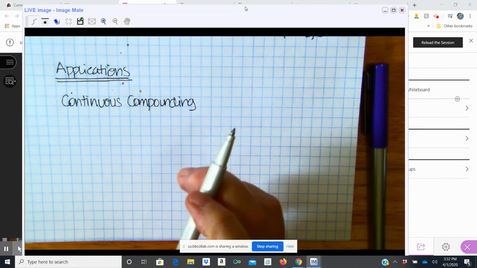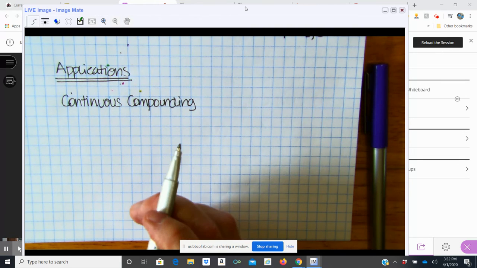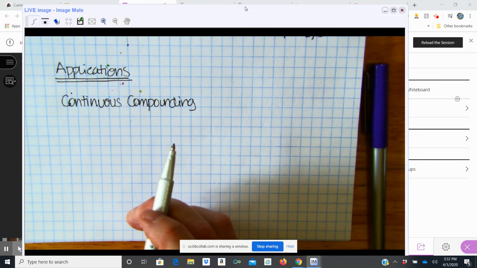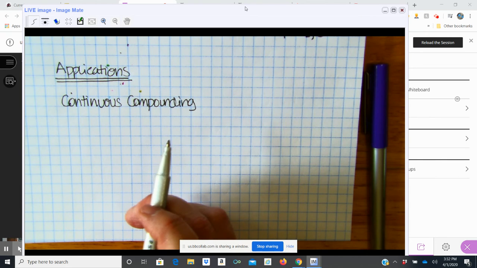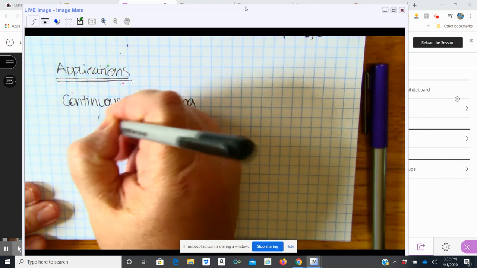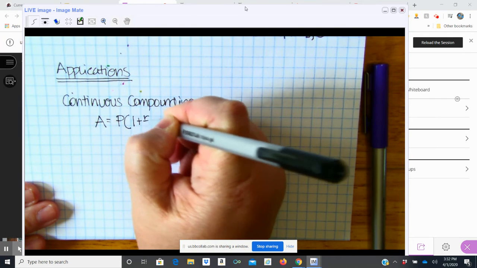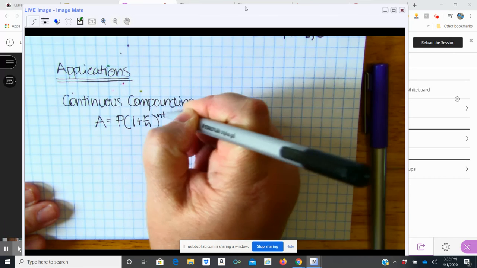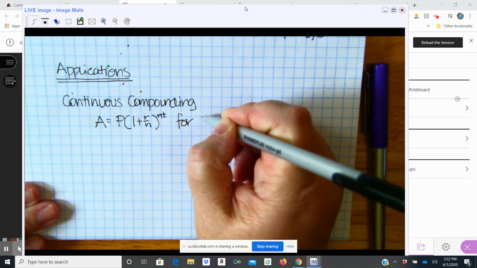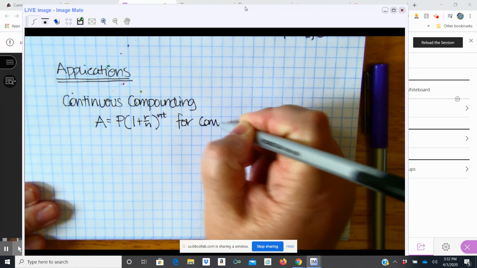We talked yesterday about the compounding interest formula, where you have A is equal to P times (1 plus r over n) to the nt, for compounded interest.